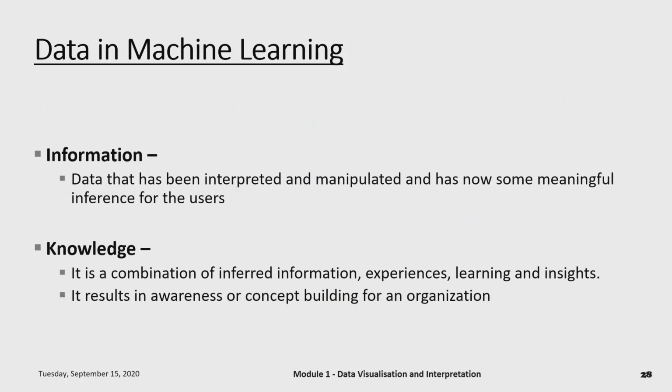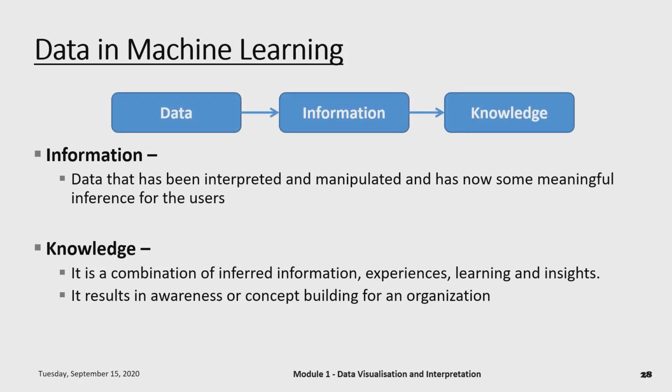Talking about information and knowledge, I told you the difference between information and data previously. Now this is a diagram which will show you the actual path of how data is being used in different phases, right? So data is something which is in an unstructured format or in a raw structured way, right?